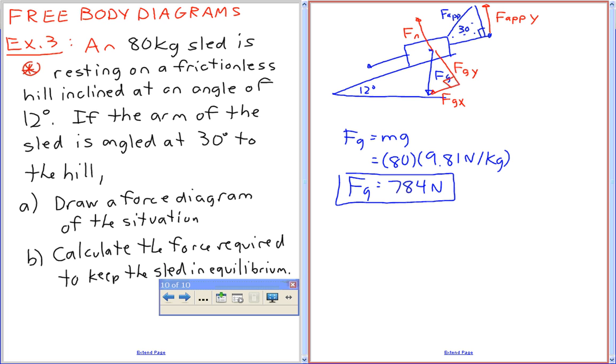This is going to be F applied X. This is the same as FGX. So the question is here: FGY equals F applied Y plus force of normal. The magnitude, let's try again here, of all of this.